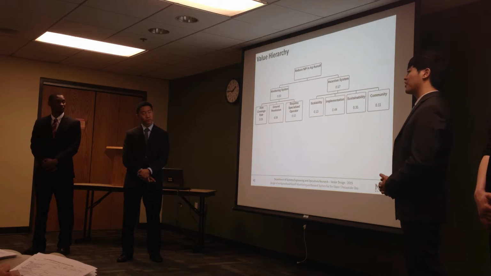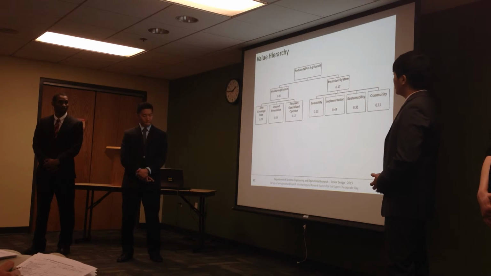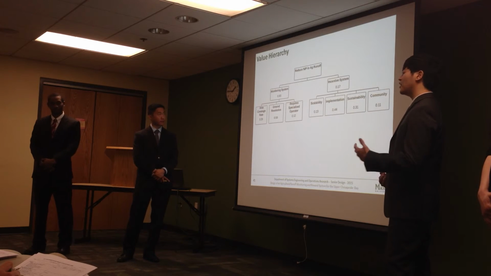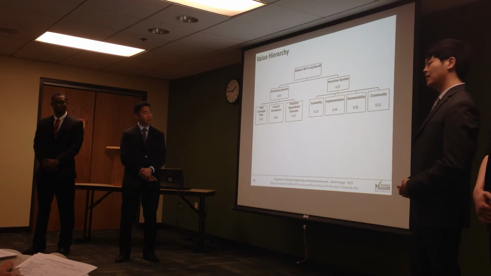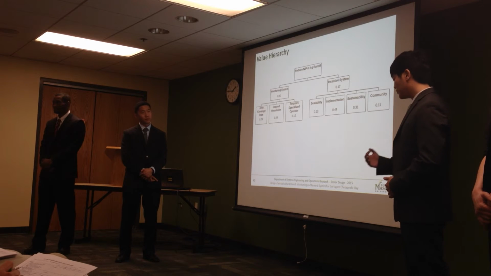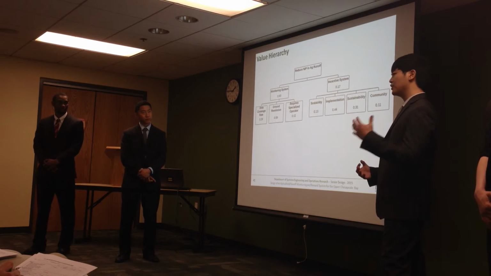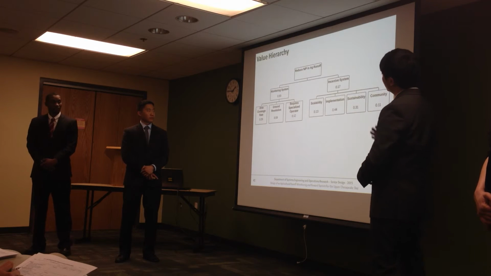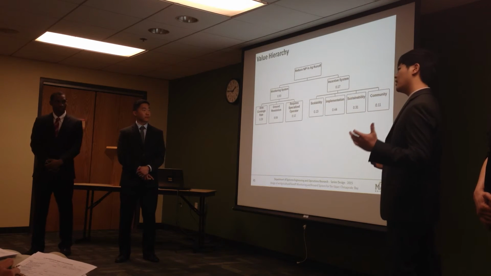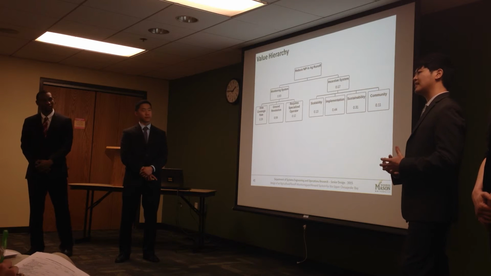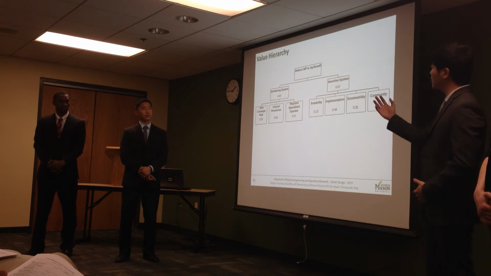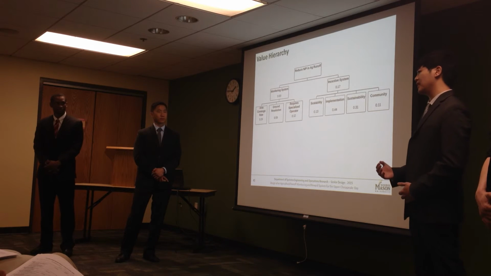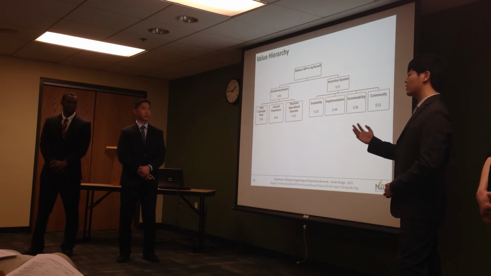This is our value hierarchy we came up with our sponsor. The major goal of this project is, of course, to reduce the nitrogen and phosphorus in agricultural runoff. In order to do so, we have to have some kind of monitoring device, which is called the monitoring system, and we want to have an incentive system that encourages our farmers to utilize the best management practice. In our monitoring system, we value the efficiency of the measuring device and area coverage rate.